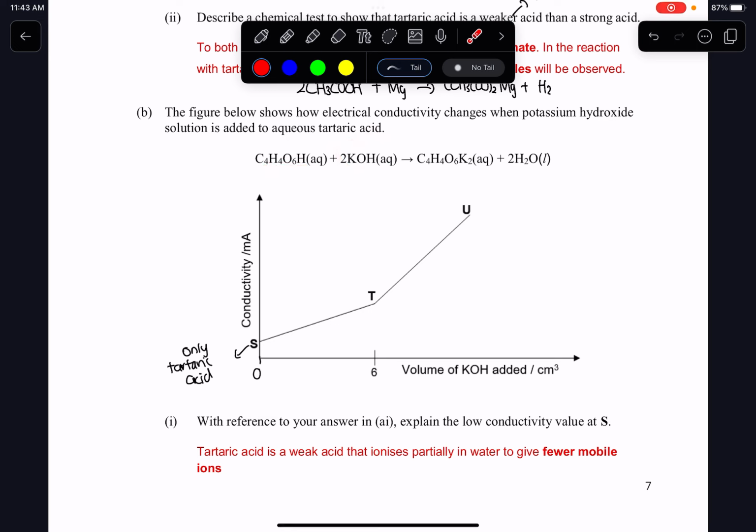So what you're saying is false. There will not be any hydroxide ions available to conduct electricity from S to T because they have all been used. They have all been used to form your potassium tartrate.